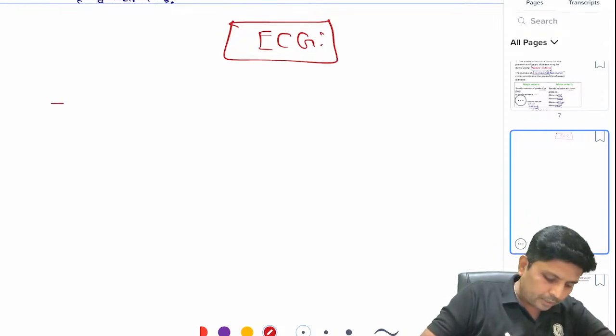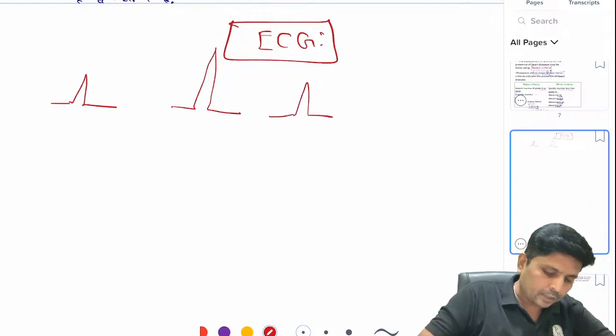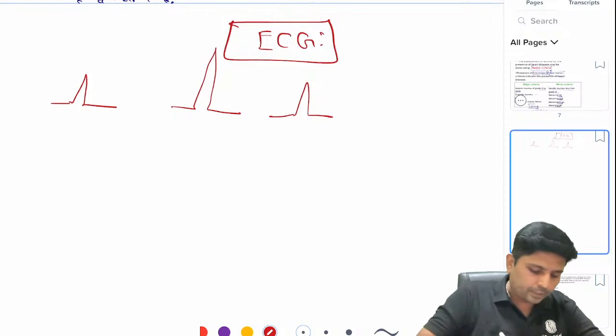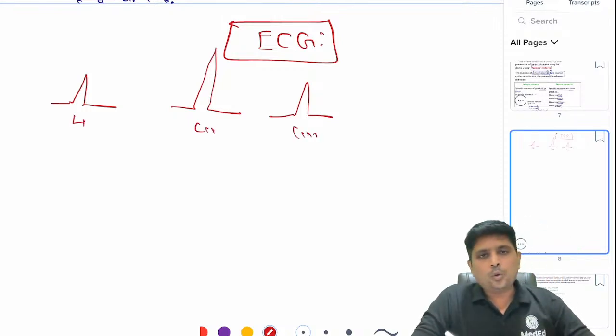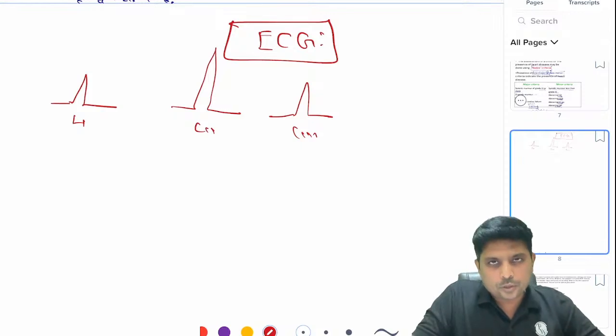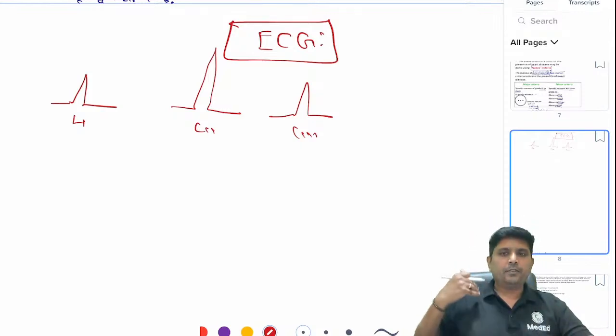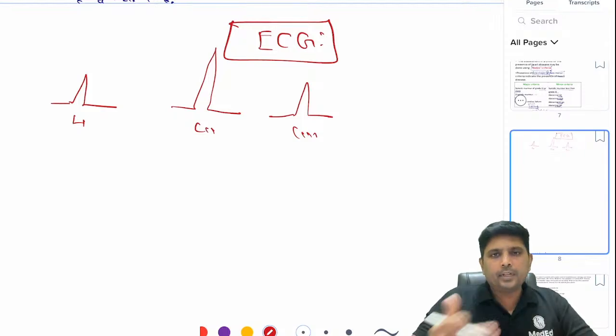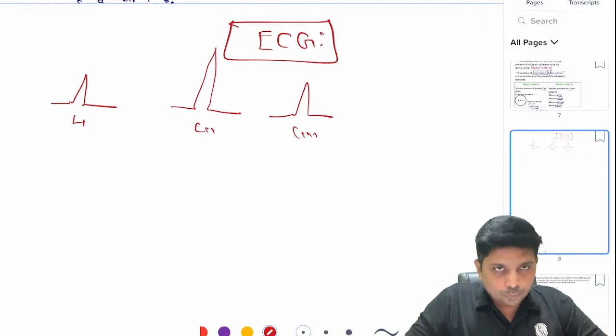Normally this is lead 1, lead 2, lead 3. This is the normal pattern of QRS complex. Why lead 2? Lead 2 has got tall R waves because current flows from 11 o'clock to 5 o'clock towards the lead. That's why lead 2 has got maximum voltage.